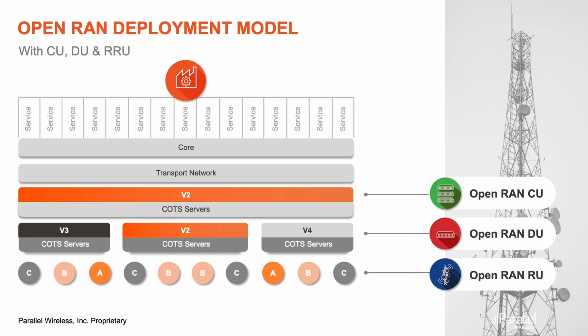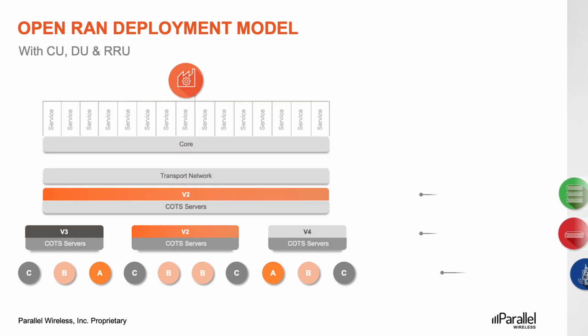And overall, we can mix and match between the different virtualized software that comes from vendor 2 or vendor 3 or vendor 4, and between the different radio heads that come from vendor A, vendor B, or vendor C. This flexibility and ability to interoperate between the elements is the real strength of the Open RAN movement. This is what we gain by utilizing the open interfaces and making sure that we are not bound by a specific vendor for the hardware and for the software.